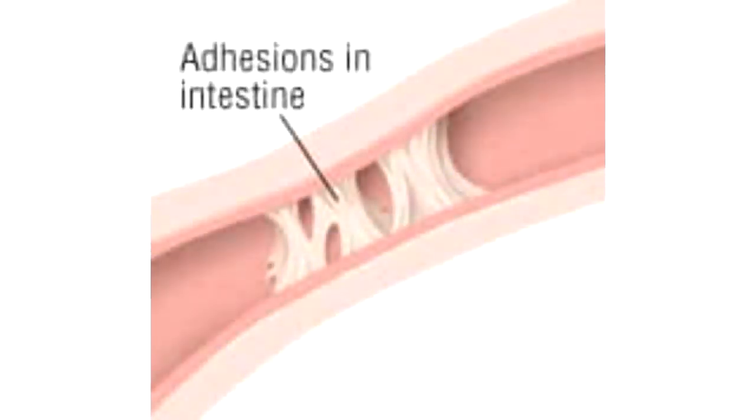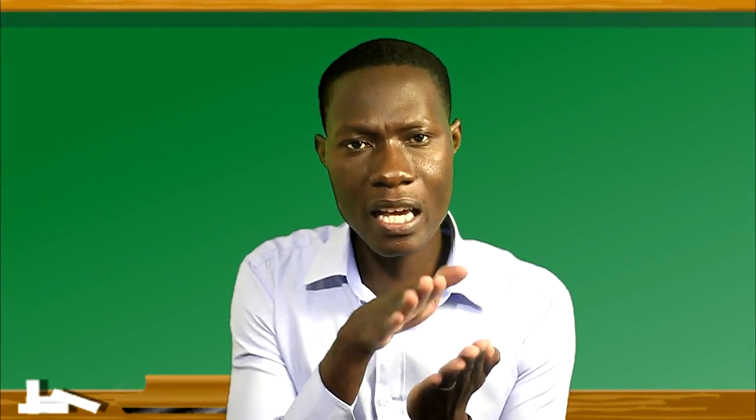Then we also have what we can refer to as adhesions. Adhesions can come after operation, where intestines actually stick to each other, and some tissue may be attached to a layer of the intestine.